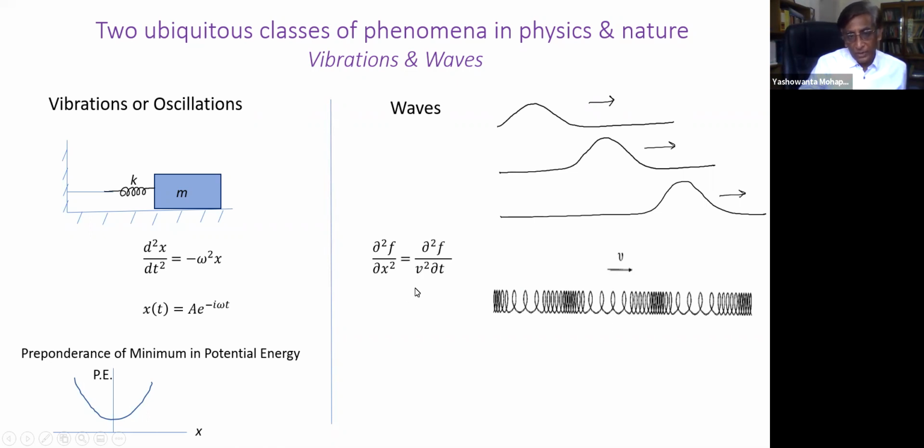You might have seen it earlier, but this is a partial differential equation, second order in space and second order in time, related by the velocity of the wave. We will, in a way, derive this, or make it plausible rather than derive. And the solution is, of course, a function of both x and t.